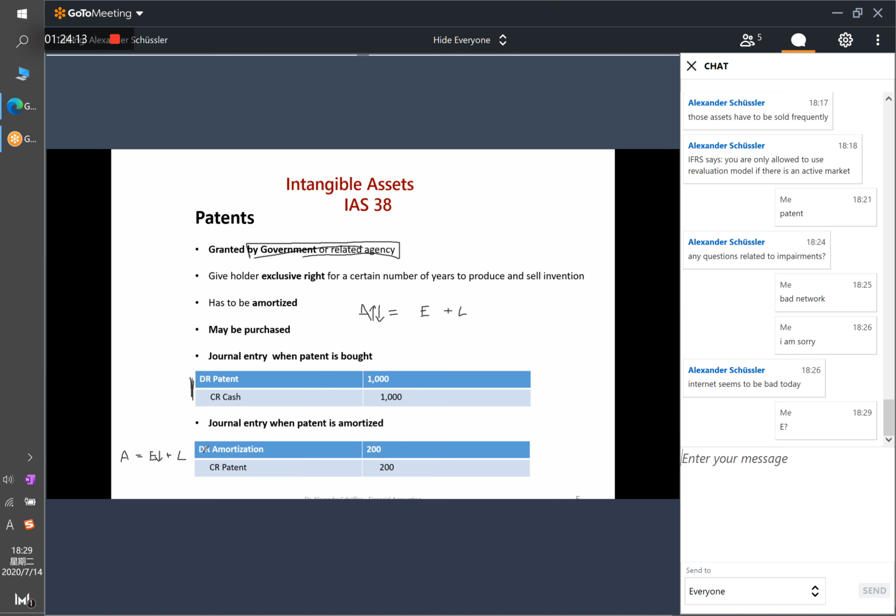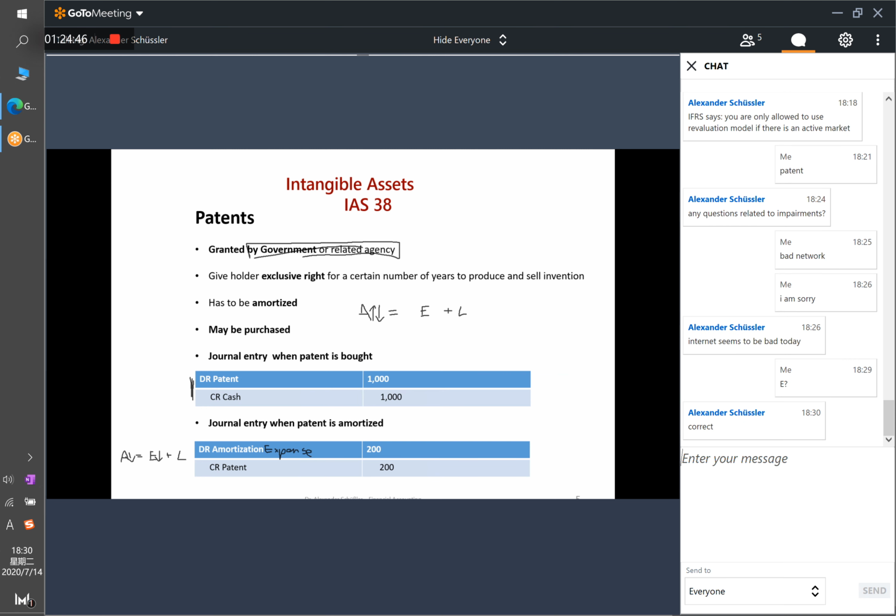Because of amortization. Amortization is an expense, and an expense reduces our equity, and the patent is an asset. So this is correct.